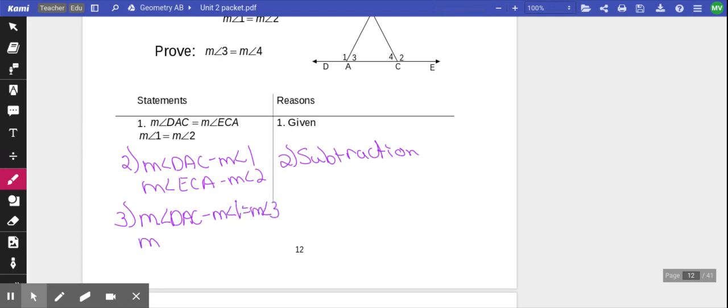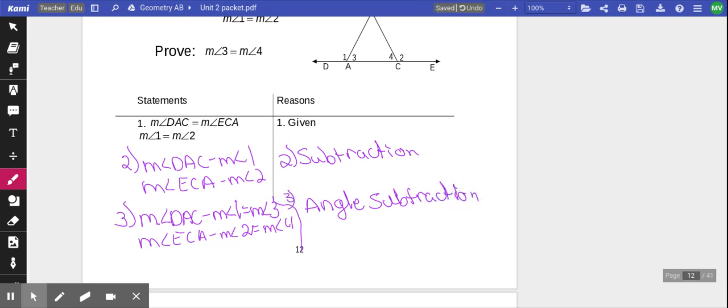And then the measure of angle ECA minus the measure of angle 2 is equal to the measure of angle 4. And that step right there is really the angle subtraction postulate that we learned in Unit 1.